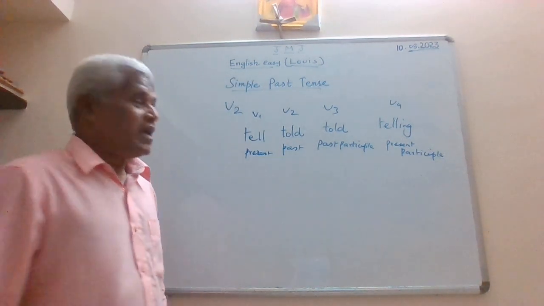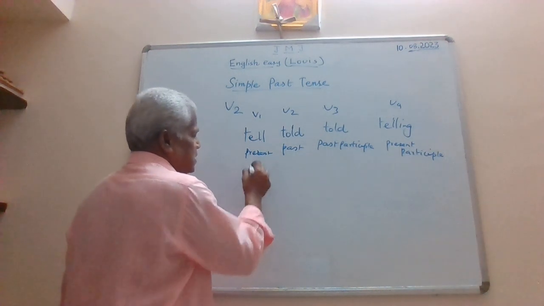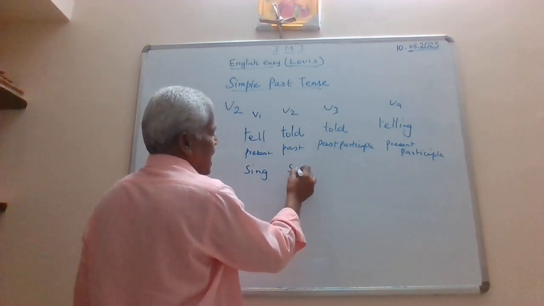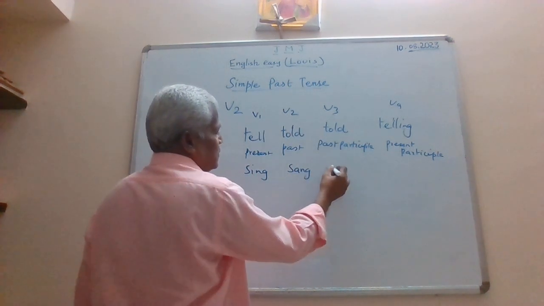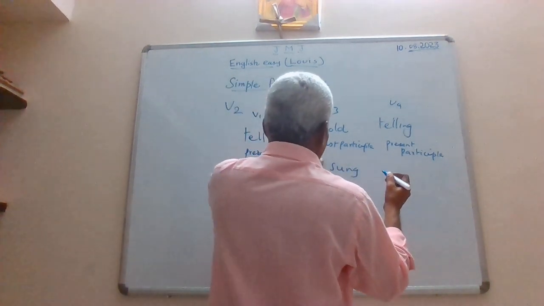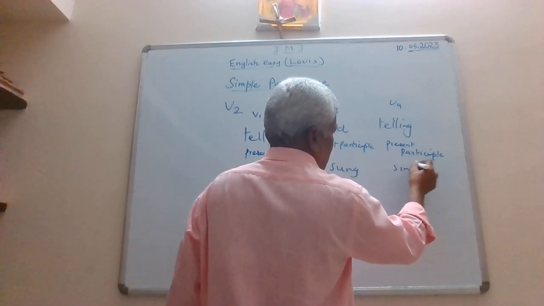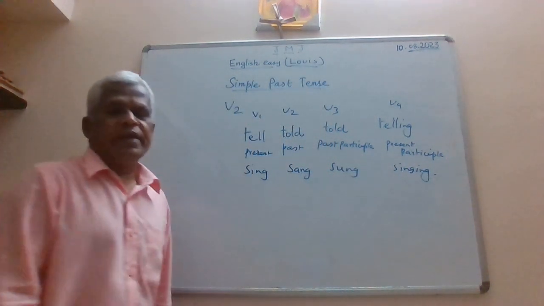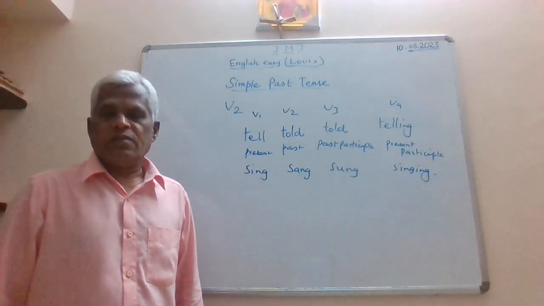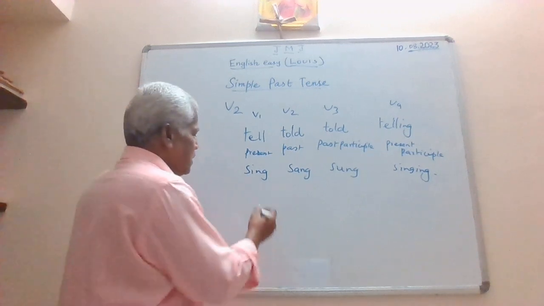Let me write another verb here. Sing, verb V1. What is V2? Sang. What is V3? Sung. And V4 is singing. Then another word, put.